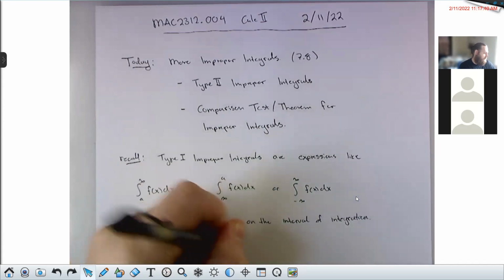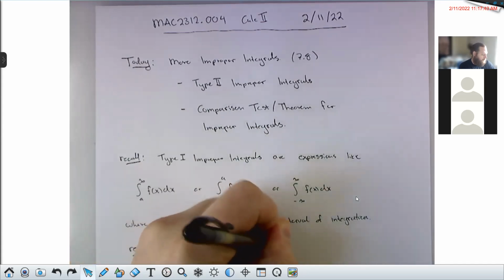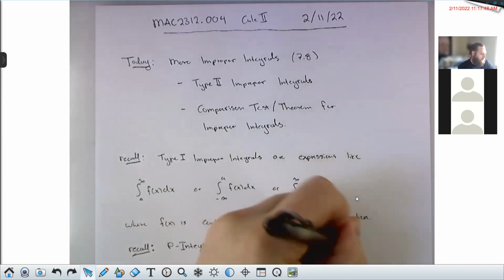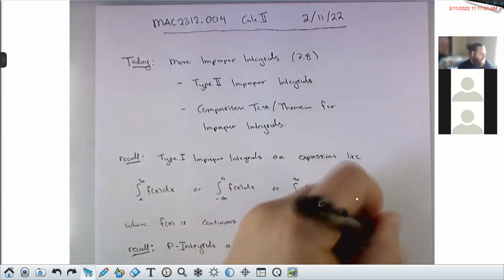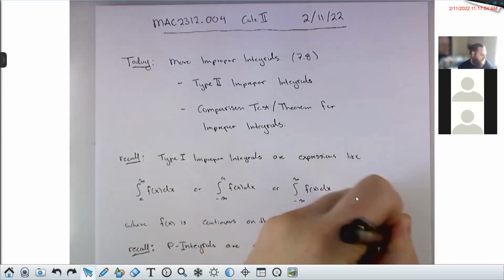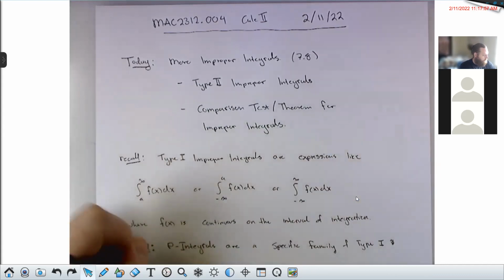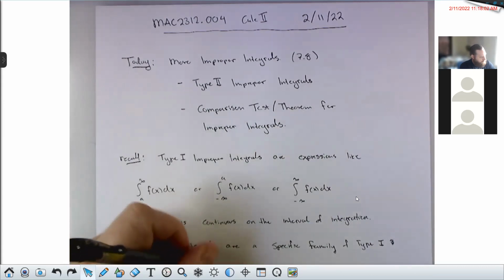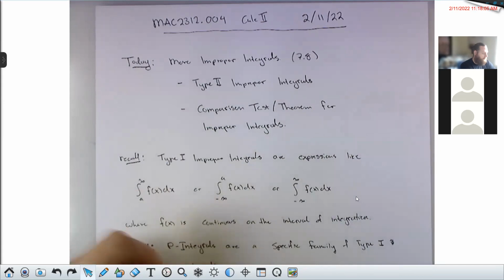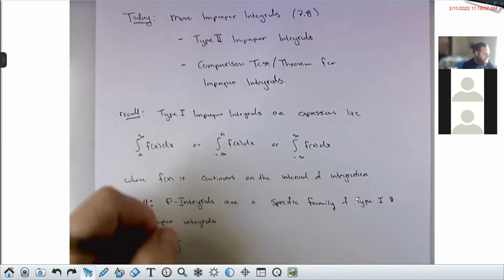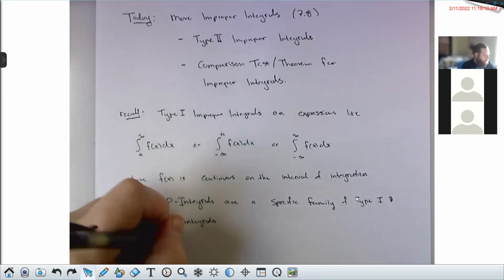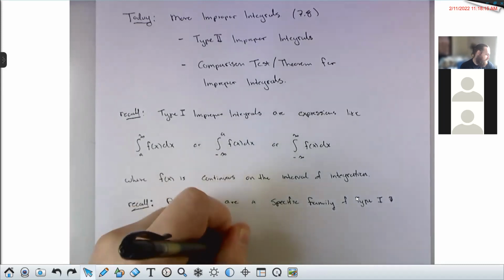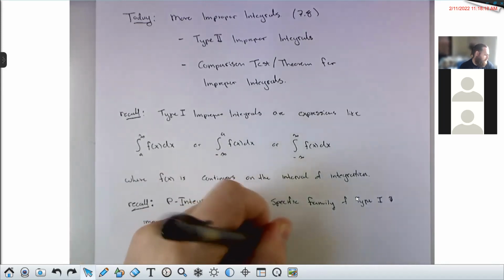P integrals are a specific family of type 1 improper integrals, stuff of the form the integral from a to infinity of 1 over x to the p dx, where a is a positive number.